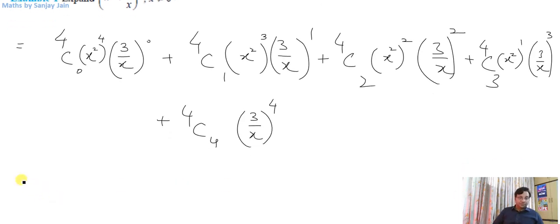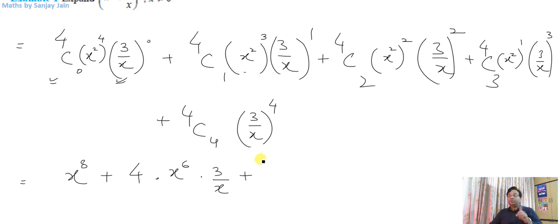Now what about these values? 4C0 is 1, right? And this raised to 0th power is 1, so x^8 plus 4C1 is 4, (x^2)^3 is x^6, and then this will be 3/x. Plus 4C2 is what? 4 into 3 by 2 into 1, so it is 6.